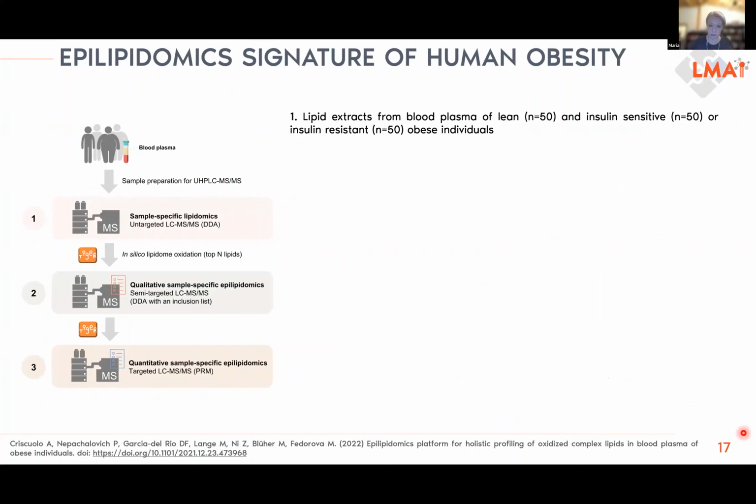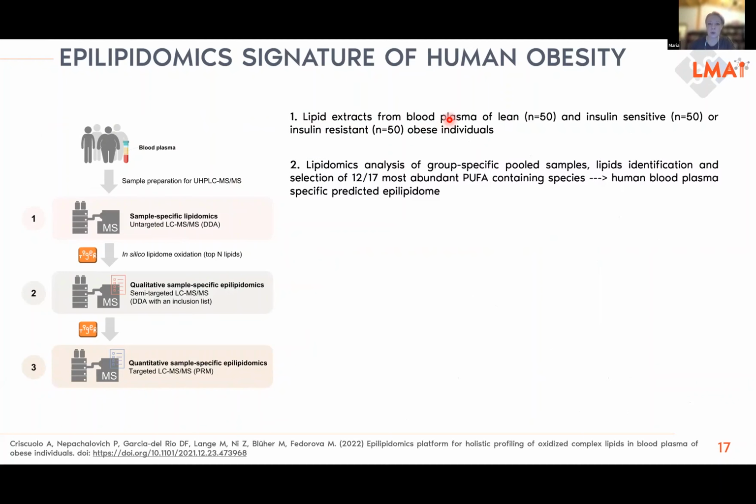So we used this approach on real samples, and in this case, we worked with blood plasma samples from obese and lean individuals. We had 50 samples from lean individuals, 50 samples from obese but insulin sensitive, and 50 samples from obese but insulin resistant. So we know the composition of the human blood plasma lipidome.